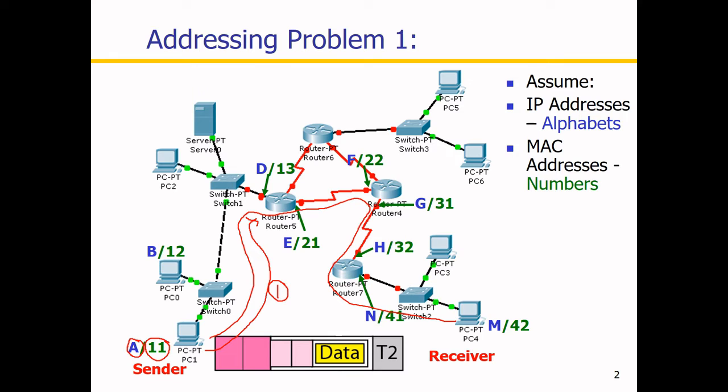Since port addresses are not explicitly mentioned here, the port address is going to be embedded within the data written over here, but we are not going to concern ourselves with that. Since IP addresses are given, we write the sender IP, which is A, and the destination IP, which is M. Remember that the sender IP and receiver IP do not change throughout these jumps, because your sender and receiver device is not changing.